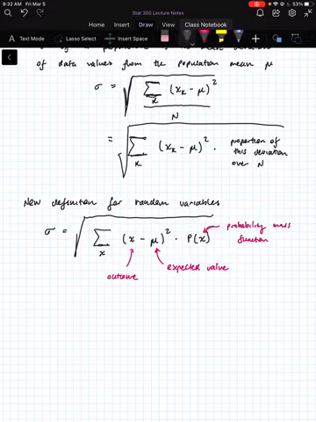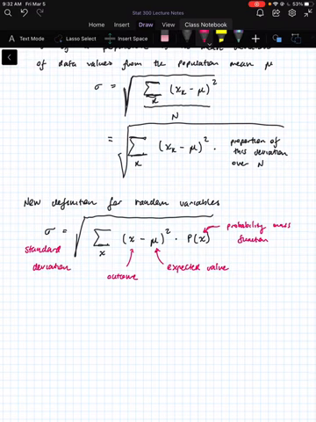And you might guess, so if this is standard deviation, you might be wondering, is there a variance too? There is. Variance, which has the same notation, sigma squared, is just this exact same calculation, or computation, but without the square root.